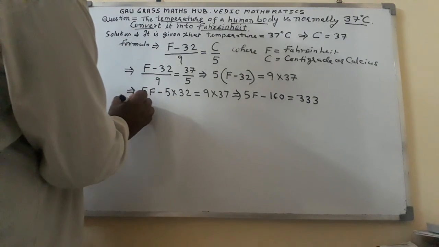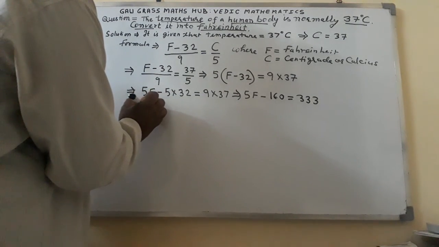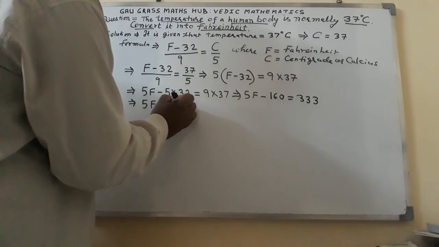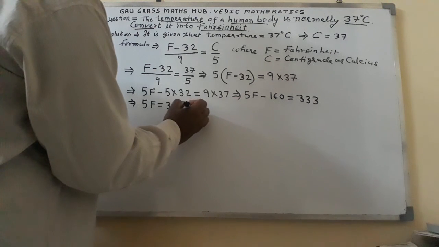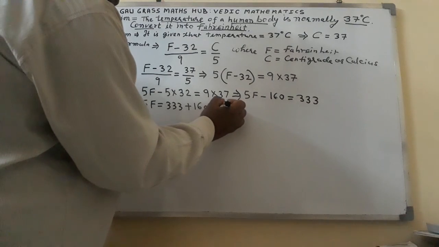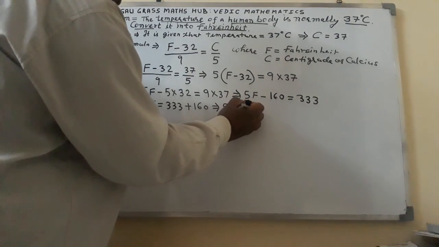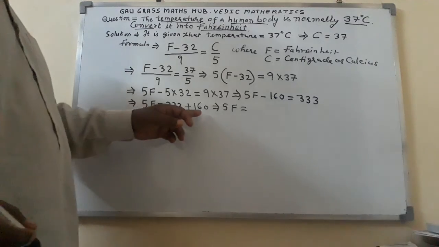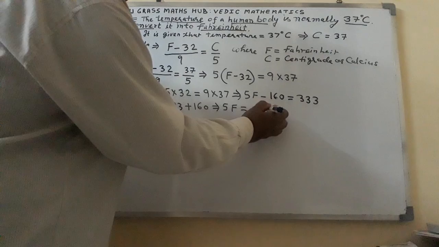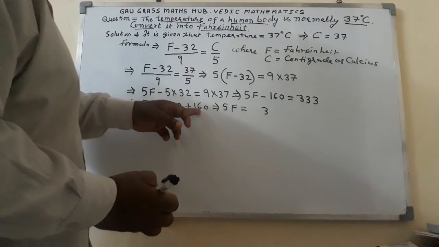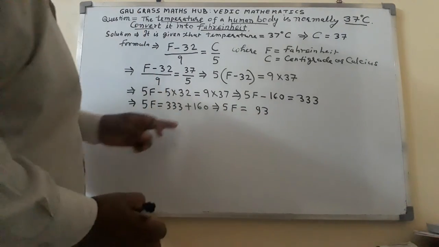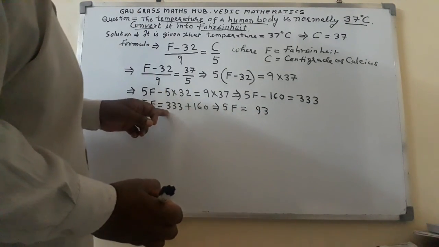Again I shall write, implies that, 5F equal to 333 plus 160. Implies that 5F equal to, now on adding 333 plus 160 we will get here 3, here we get 6 plus 3 is 9, and here we will get 3 plus 1 is 4.